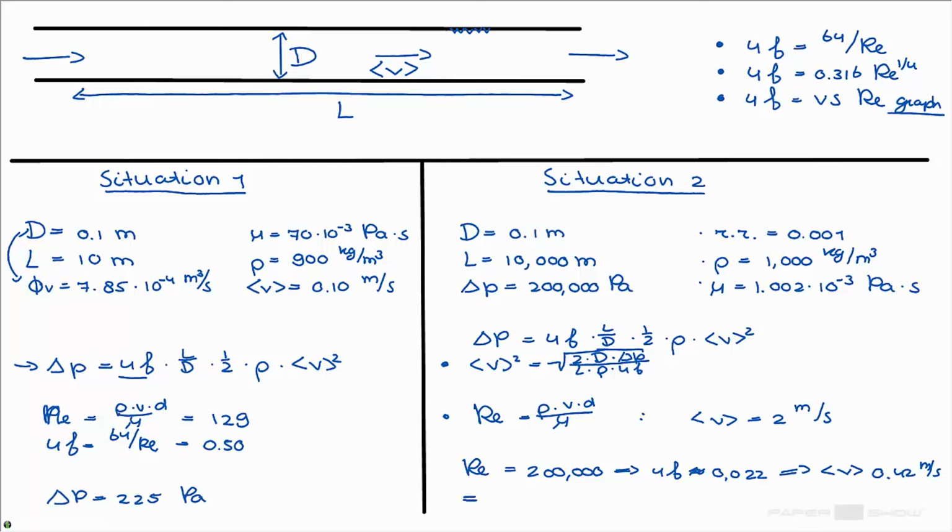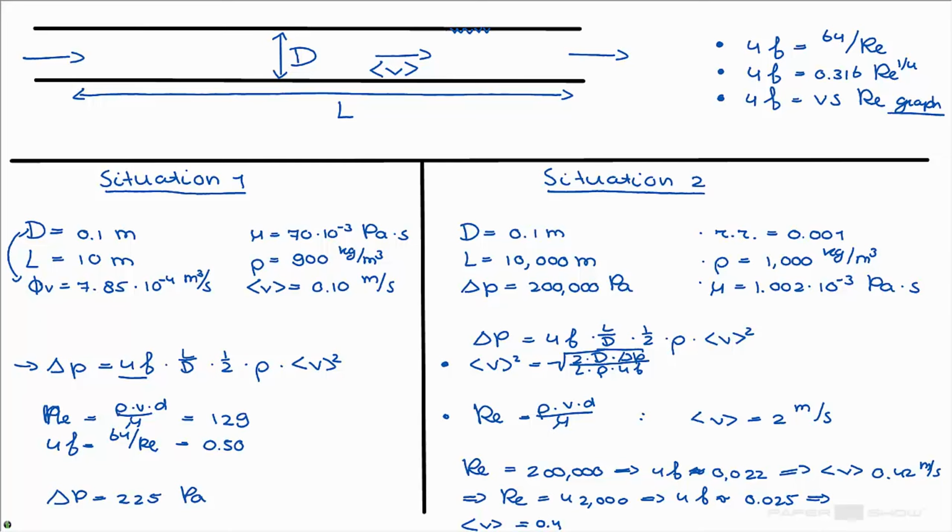Now I can redo these steps, right? So I can get a new Reynolds number, which is now 42,000, which is way lower. I can find a friction factor for this value, which is 0.025, and I can find a new velocity, which is then 0.4.